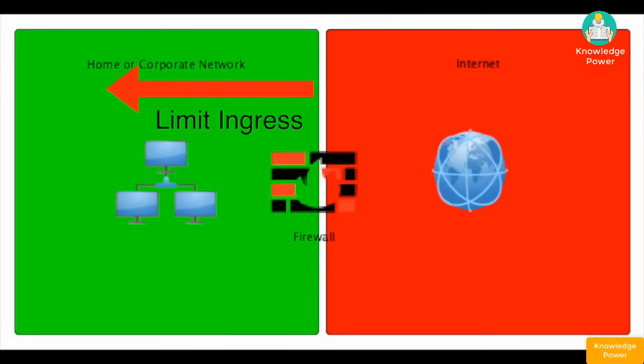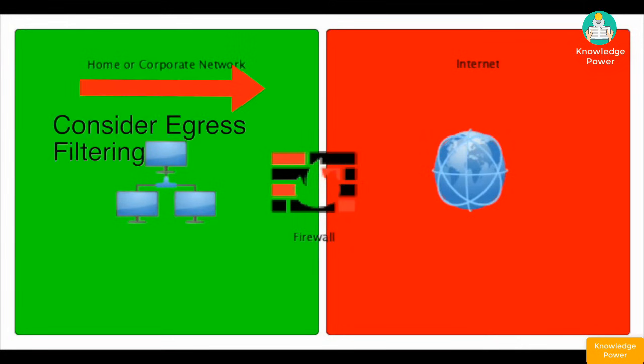Considering that the internet is a wild and crazy place with automated scanners and manual hackers constantly scouring any exposure for weaknesses, you'll typically want to disallow all ingress traffic with very rare, highly secure exceptions like virtual private networking or VPN connections. If your network isn't too complex, or maybe even if it is, you may want to consider egress filtering as well.